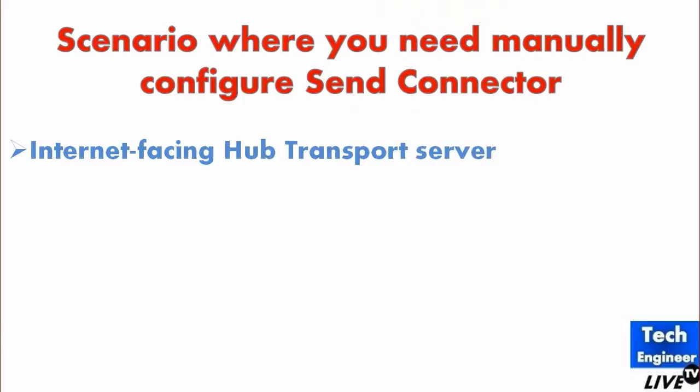For example, if you don't have an Edge Transport server and for some commercial reason want to use the Hub Transport server, you have to push your message and expose your Exchange server to the internet.